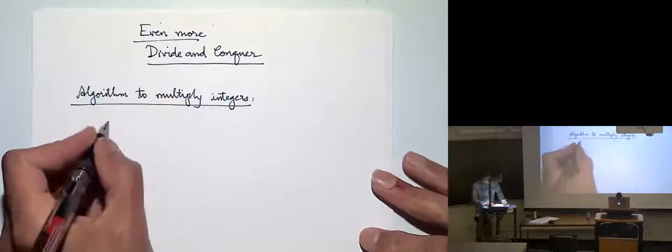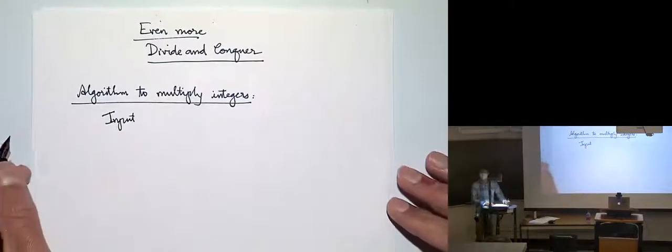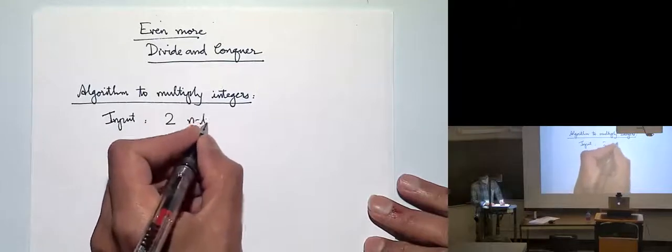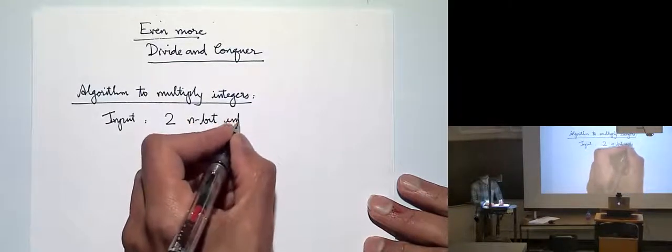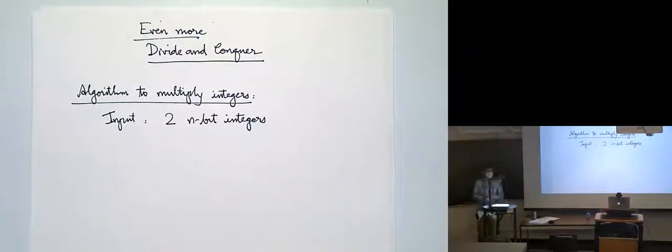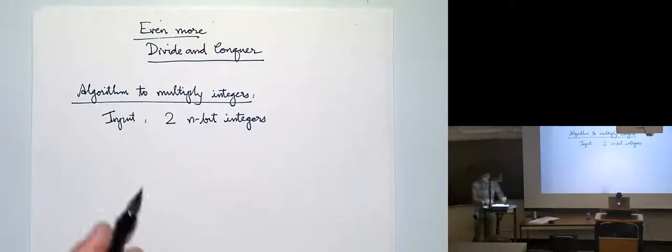So we'll think of the input, because now we're computer scientists, so we think in binary, as two n-bit integers. Although the argument is going to be equally valid for whether you're doing bits or normal digits. What is the running time of long multiplication?